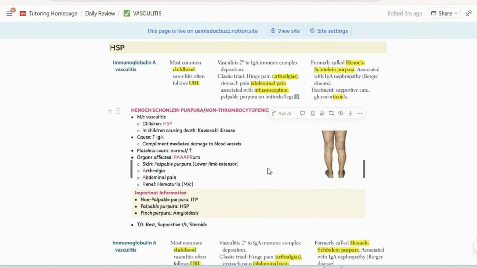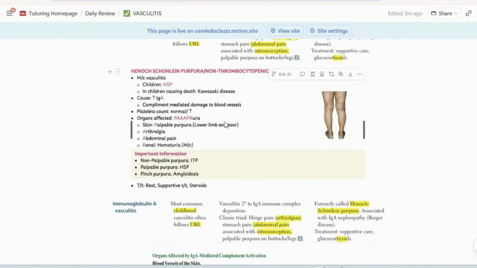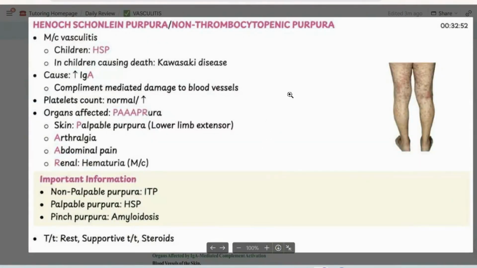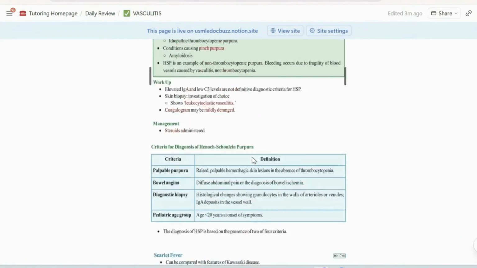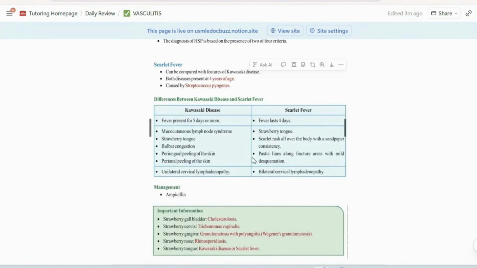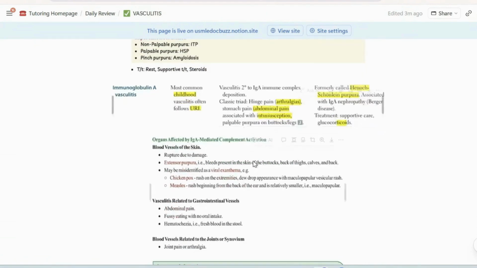Next comes HSP, okay? Henoch-Schönlein purpura, right? Now, this is an IgA vasculitis, right? So what you end up doing in this case is you have IgGs against an IgA, right?